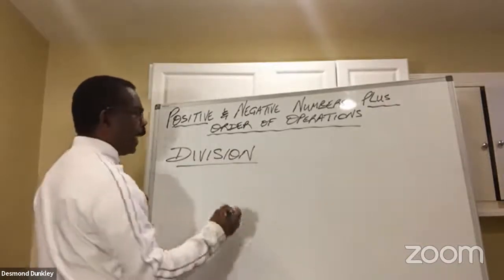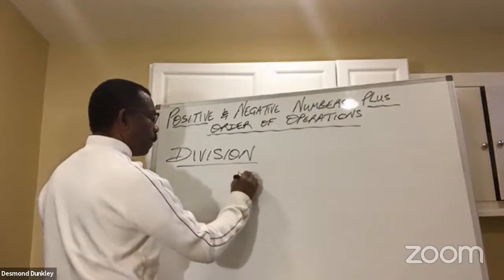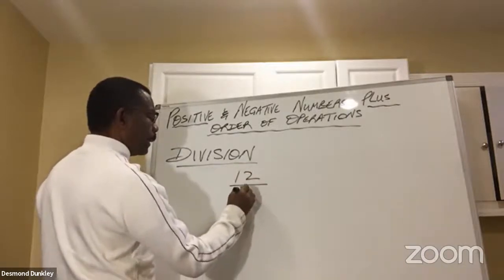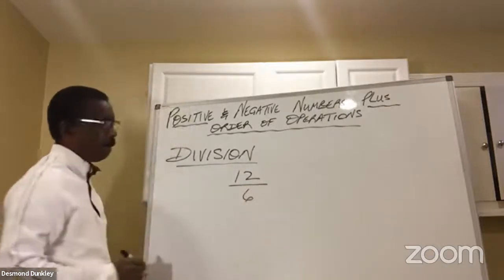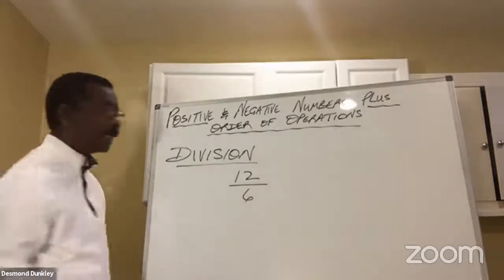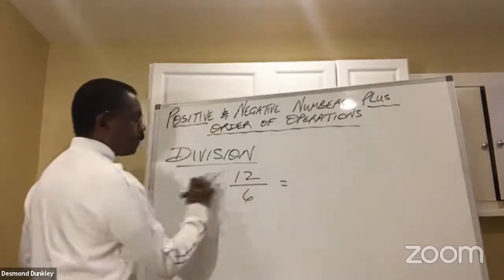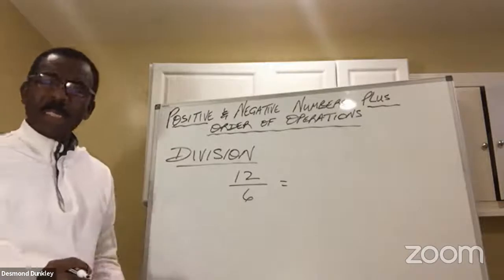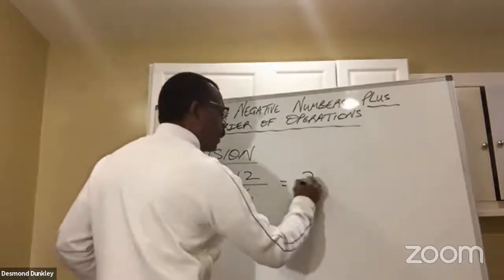So if we had 12 divided by 6, so it is positive 12 divided by positive 6. We all know it is 2.